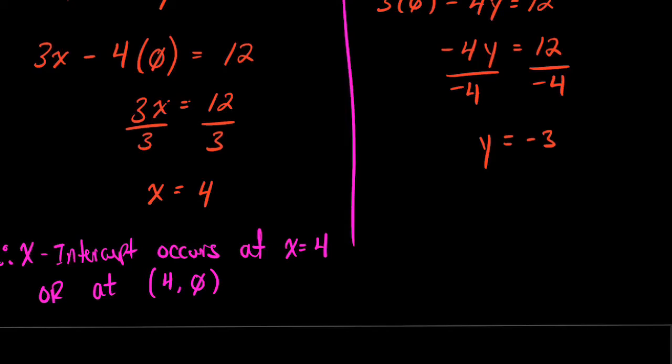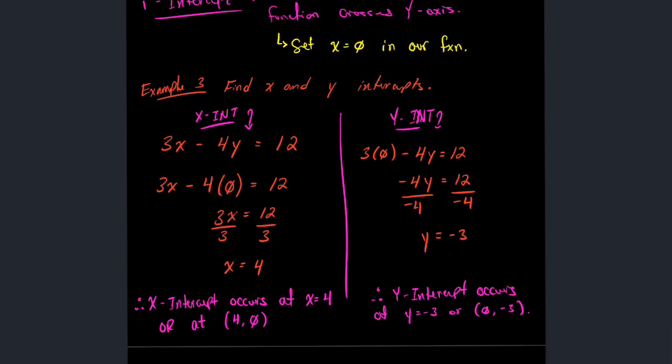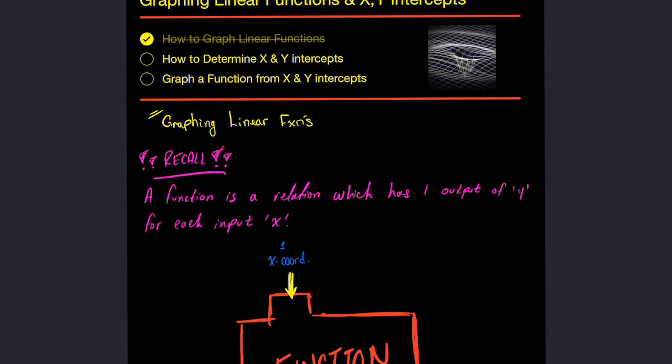Therefore, the y-intercept, and I want you to communicate it like this, occurs at y equals negative 3, or (0, negative 3). Okay. So two very basic ways to figure out what the x and y intercepts are. So that's boom, boom. Those two are done.